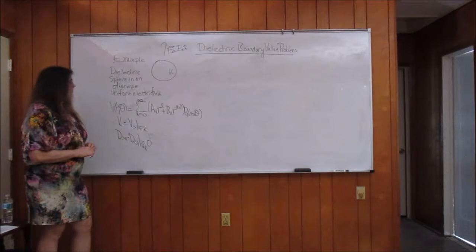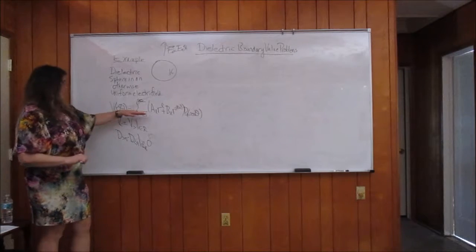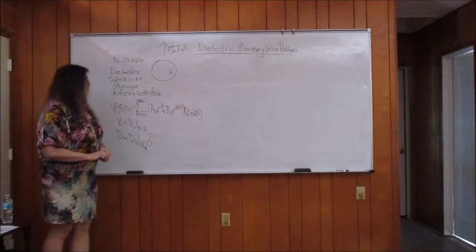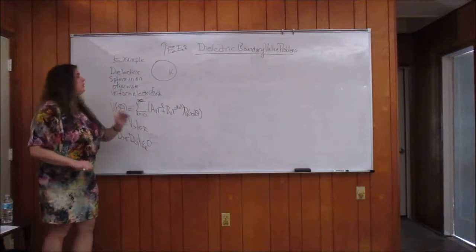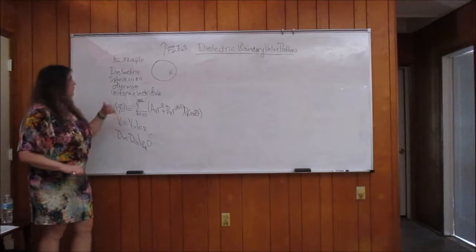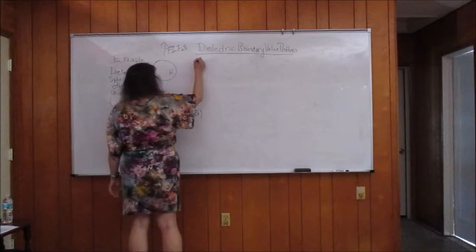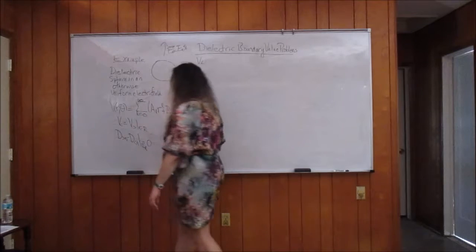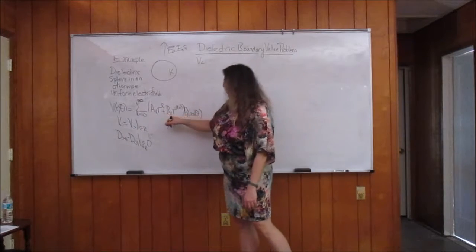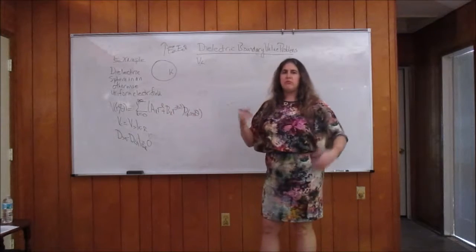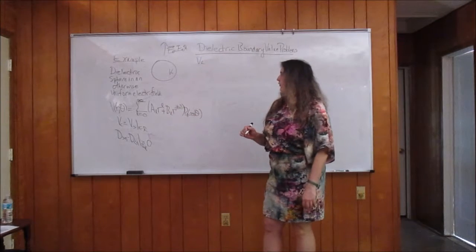So what other conditions do we need to impose upon the solution? Well, for one thing, we know that the solution has to remain finite in the respective regions. So if you look at the interior solution, that can't blow up as r goes to 0. So therefore, we're going to set all the B_l coefficients equal to 0.